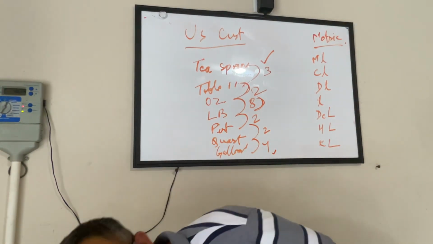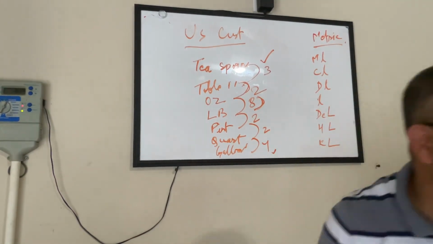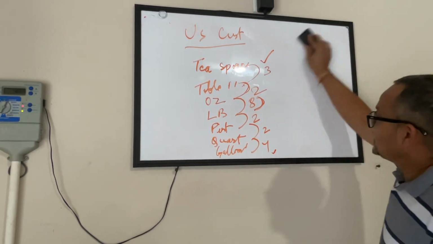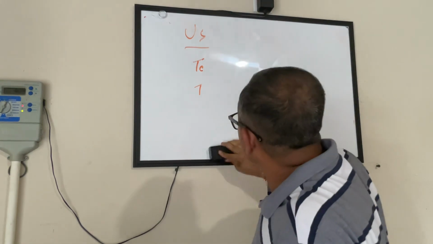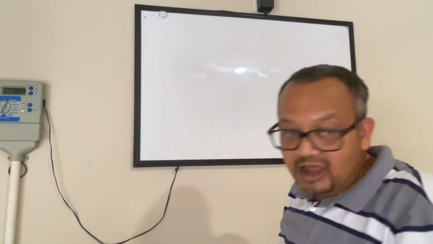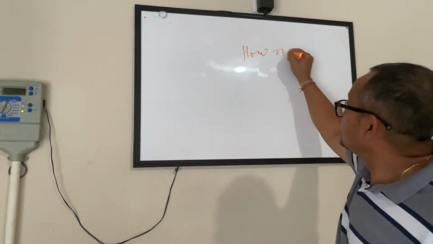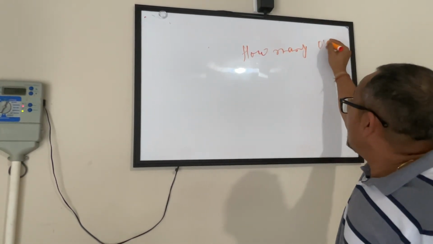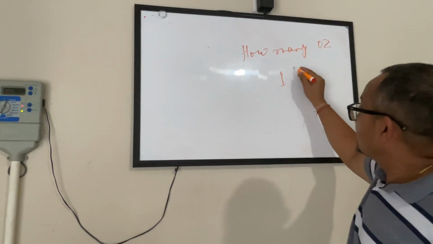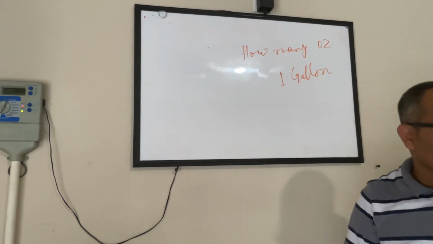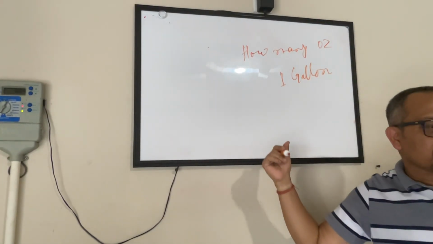Now let's try using this 3 to 8, 2 to 4 for solving one problem. Find out how many ounces in 1 gallon.